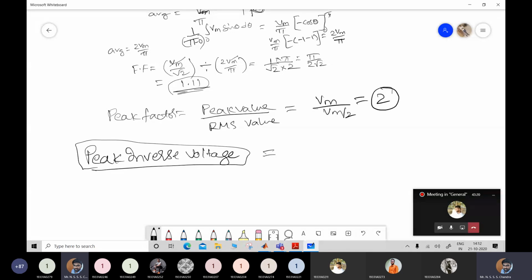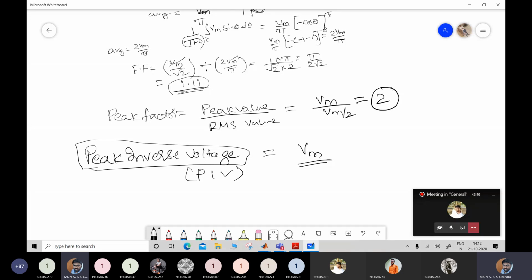Sometimes it will be simply given as the PIV value. Here it is equal to Vm. And then we'll move on to the next term. What we are doing is analyzing the circuit and determining some circuit parameters.